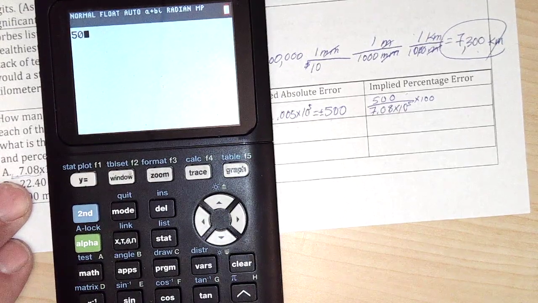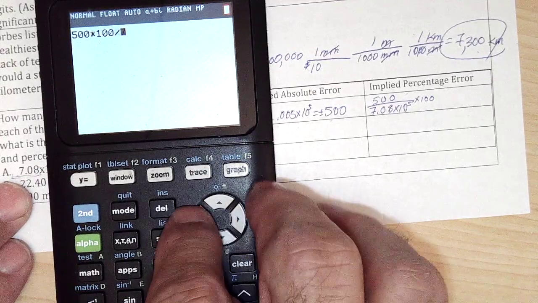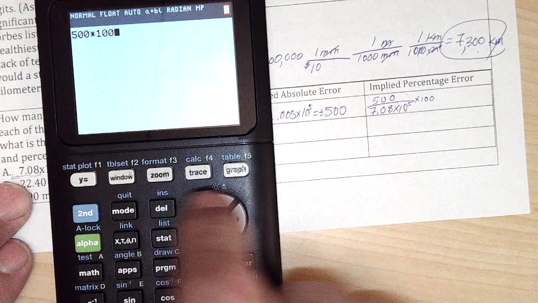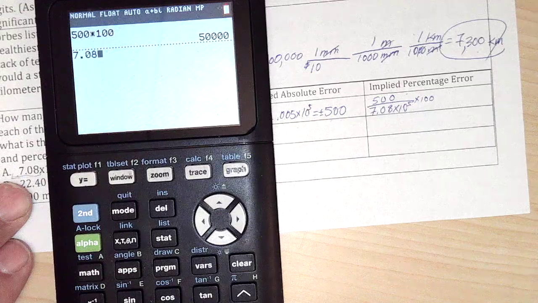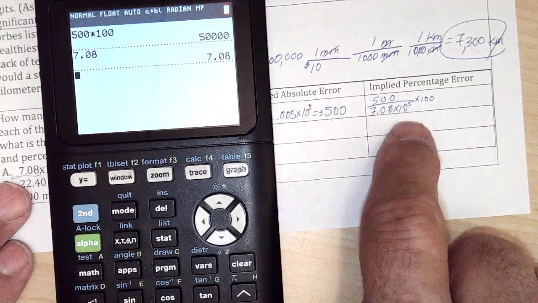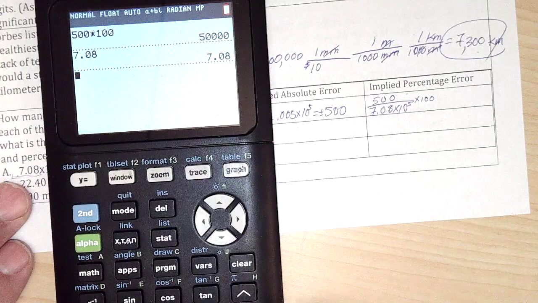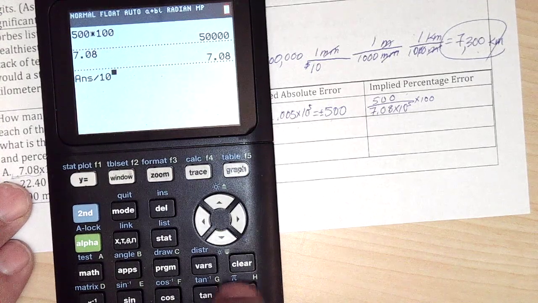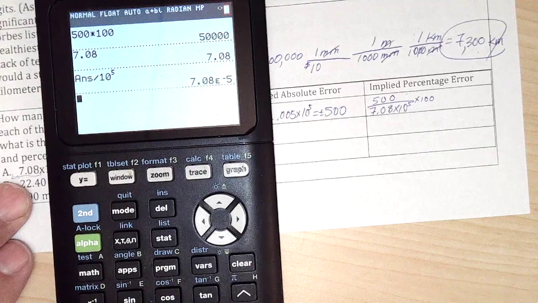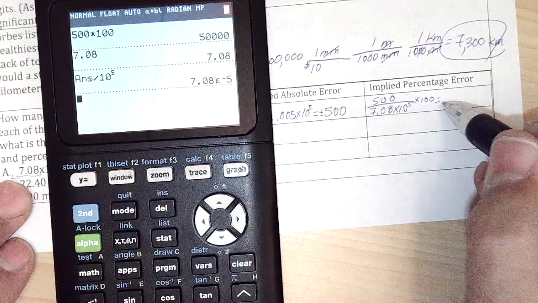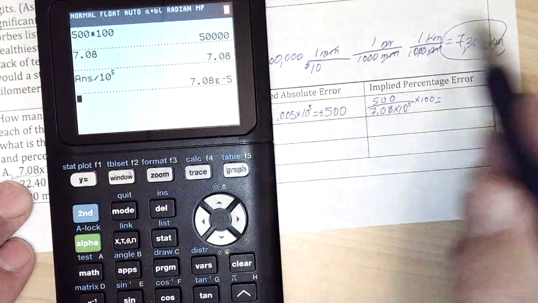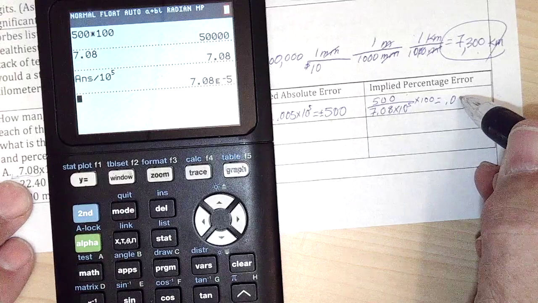So 500 times 100 divided by 7.08, and I also have to divide it by 10 to the 5th.